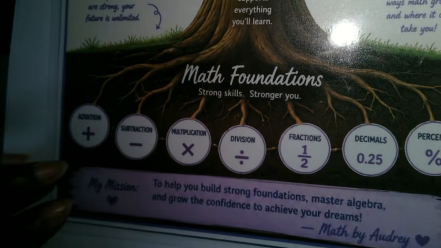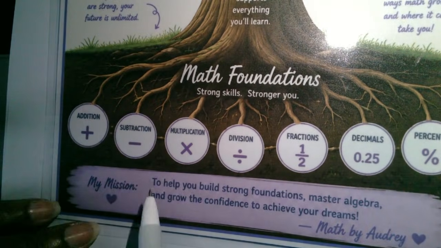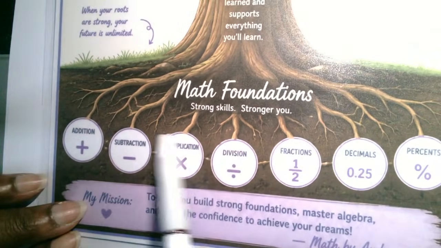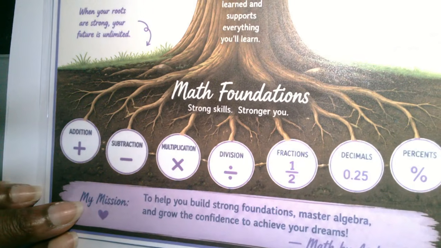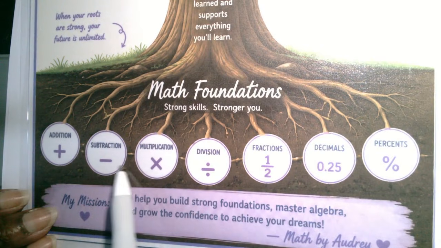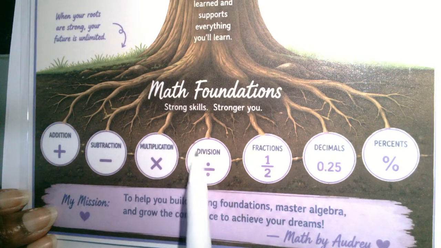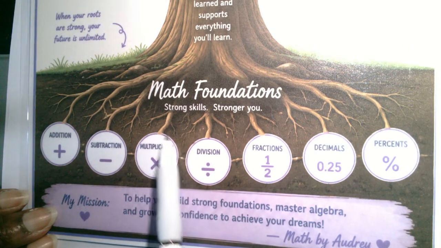Ready? All right. So, welcome to Math by Audrey's Learning Tree. This is what's happening. We need to build up our roots, and our roots deal with adding, subtracting, multiplying, dividing. Especially this part right here, the multiplication.